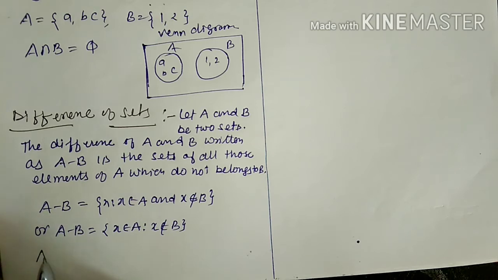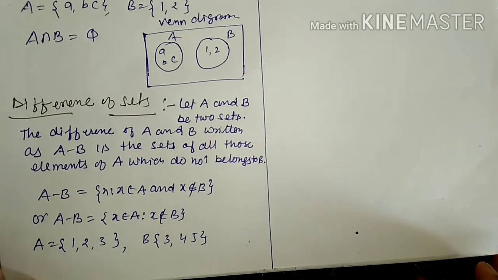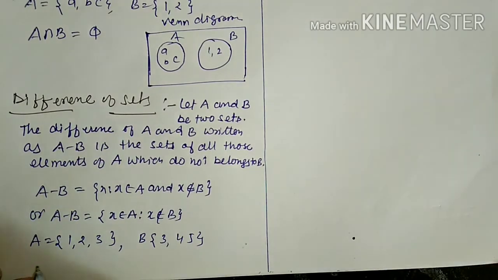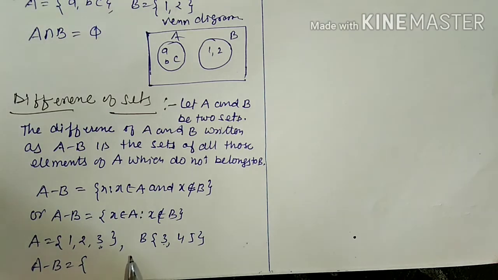A contains 1, 2, 3 and B contains 3, 4, 5. So we have to find A minus B. So for A minus B, first of all the common elements are cancelled out, meaning we will not take the common elements. Clear? So 1, 2 is the answer of A minus B.